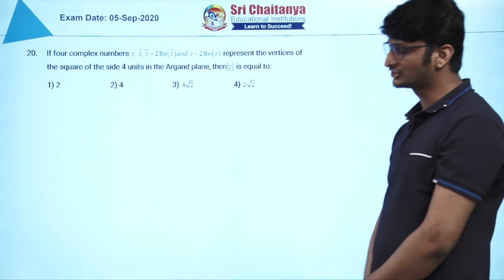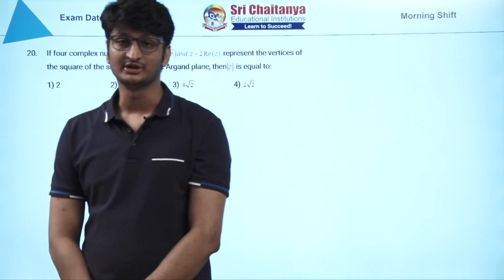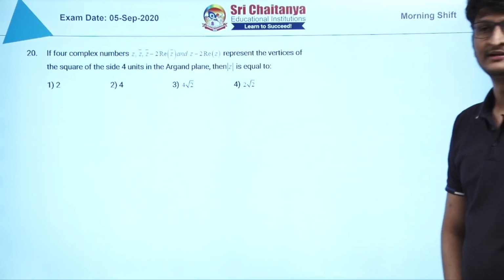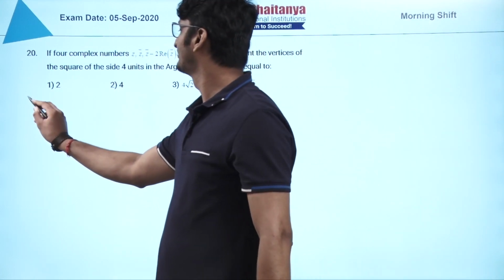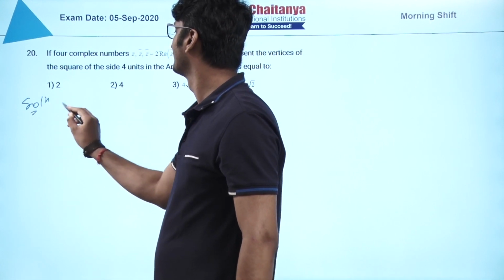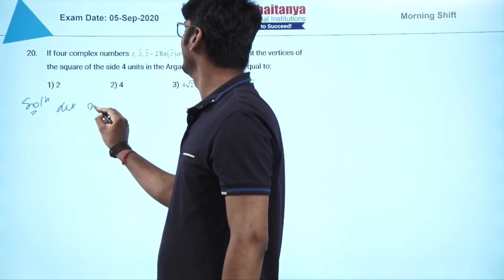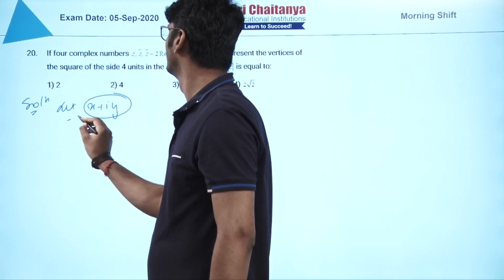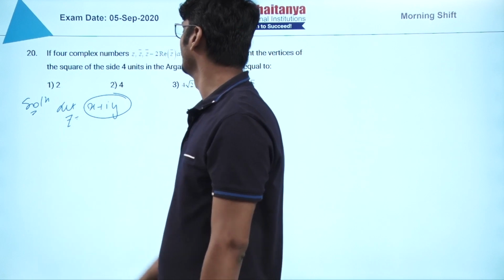Okay, this is the first question we are taking from complex numbers, and that is also an easy level question based on basic algebra. See here, let x plus iy be the complex number, z equal to x plus iy.